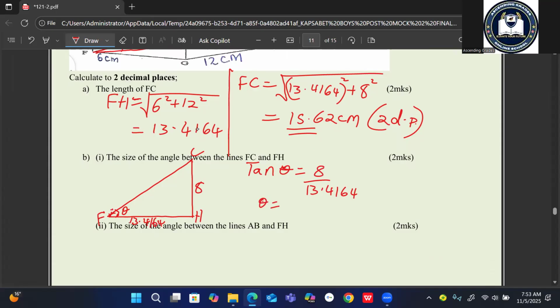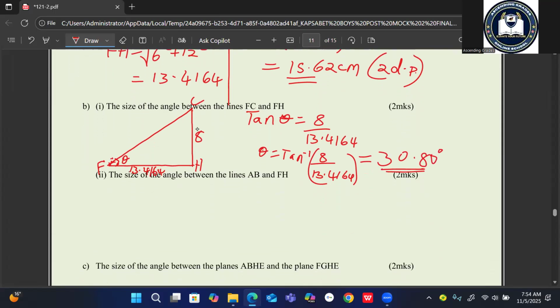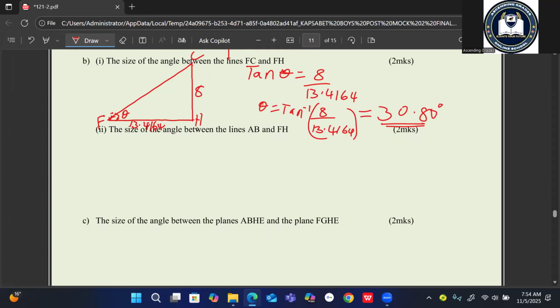So theta will be equal to tan inverse of 8 over 13.4164, which will be equal to 30.80 degrees. So that is your answer there. You have obtained other 2 marks.